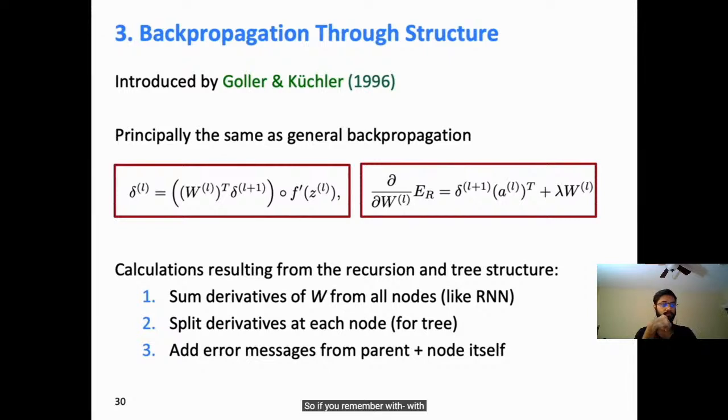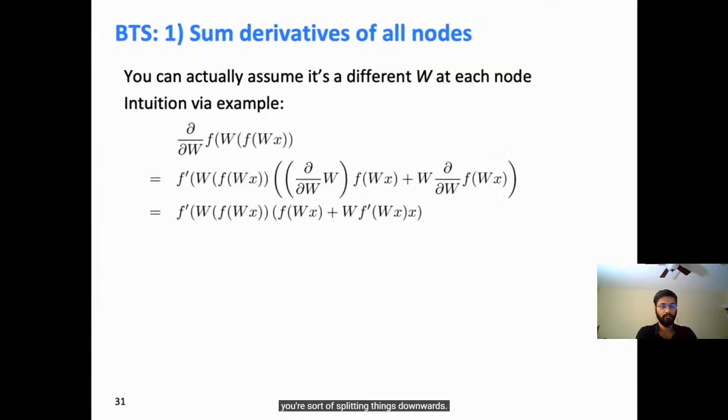If you remember those early lectures of this class on working out the derivatives of neural networks and how it worked with recurrent neural networks, it's the same. You have this recurrent matrix at different levels of the tree structure, and you're summing the derivatives of everywhere it turns up. The only difference is that because we now have tree structure, you're splitting things downwards.